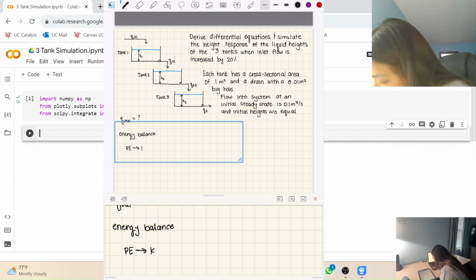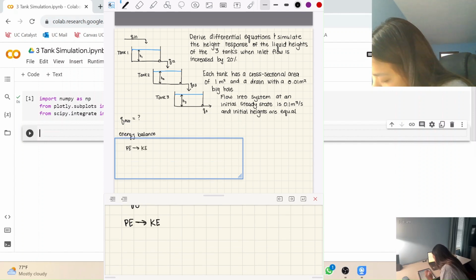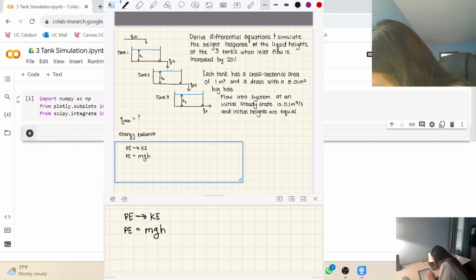The reason we want this is because we want to take a look at velocity. Potential energy is mass times the gravitational acceleration constant times the height, and kinetic energy is 1/2 mass times velocity squared. And this is the velocity term we want to isolate.